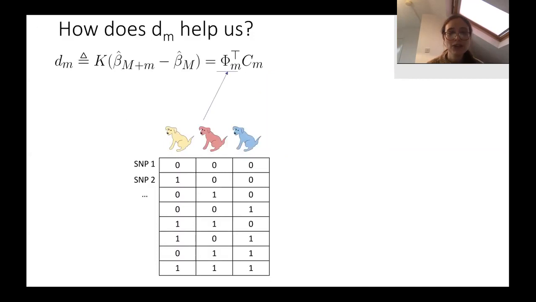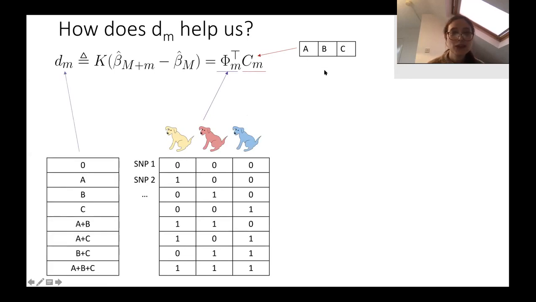The genotype matrix will look something like this, where each row represents a different SNP, and each column represents a different individual who was added between the two studies. This vector, Cm, might have the values A, B, and C. And if this were the case, then we could see that for every combination of SNPs across the 3 different dogs, you'd get a unique value in DM.